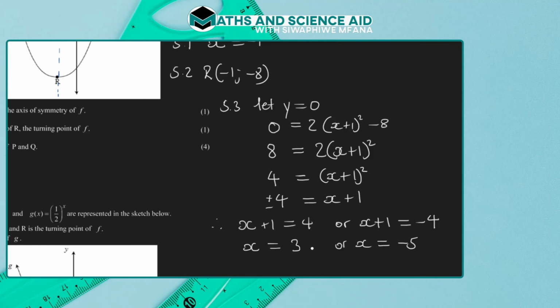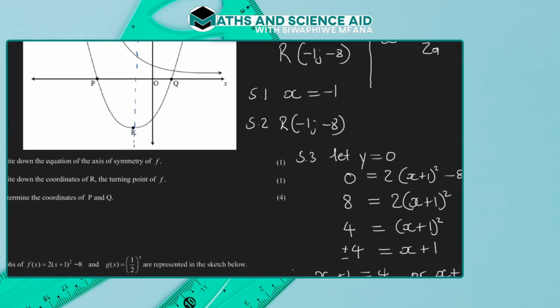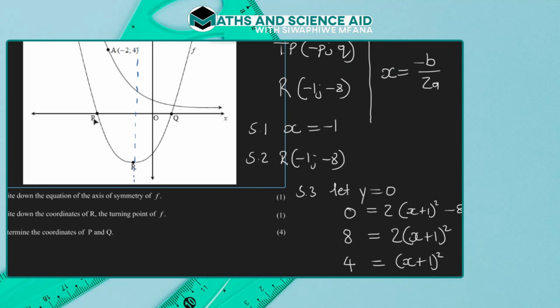So these are the values of x for the x-intercepts, and therefore we can conclude the coordinates for P and Q. Note that the two values of x that we have obtained are negative and positive. We can see that P is the intercept that has a negative value of x, while Q has a positive value of x.